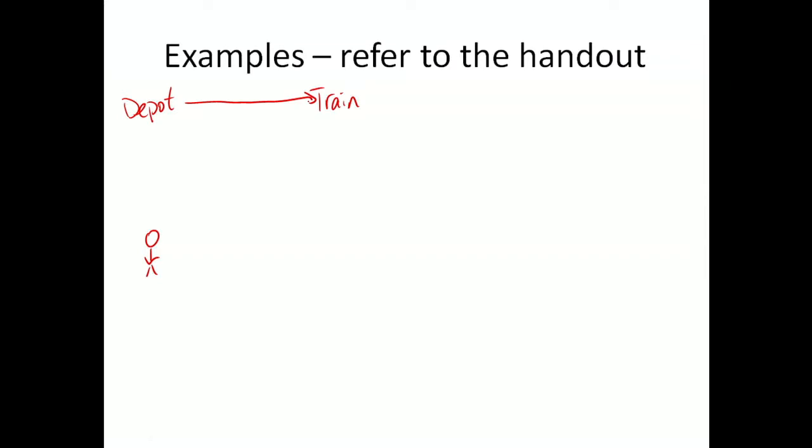I'm hoping it's not a leap of faith to say that you would maybe notice, well, how are all the things related in this problem, or what's the connection between me, the depot, and the train? A triangle, I guess, right? So I'm going to just draw the triangle in here so that it's sort of a complete picture. Hopefully that's not a leap of faith to say that you would maybe draw the triangle in there.